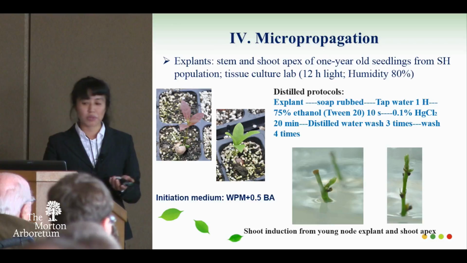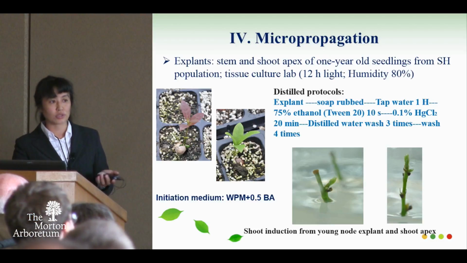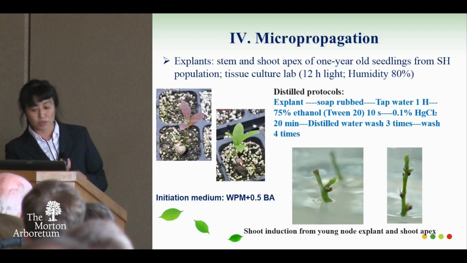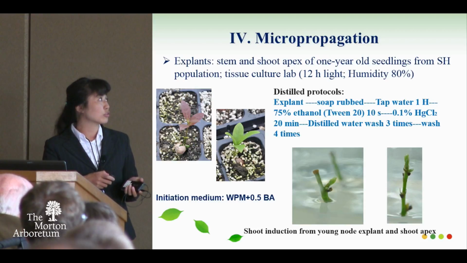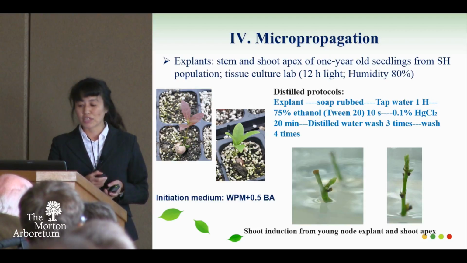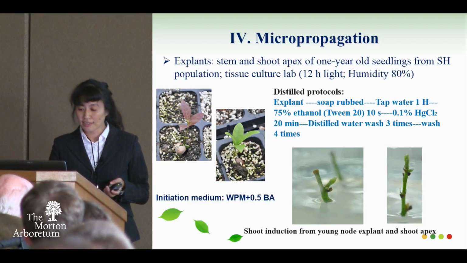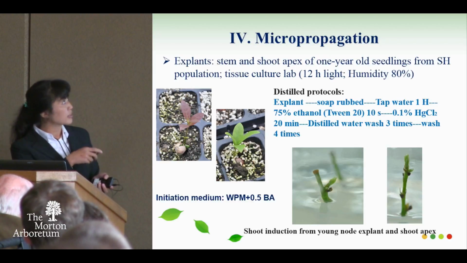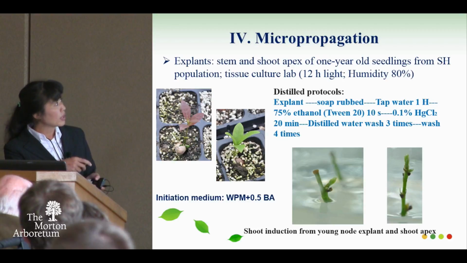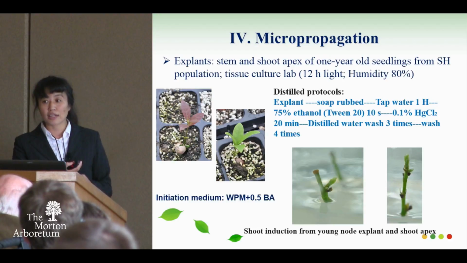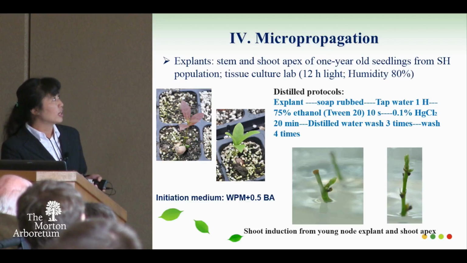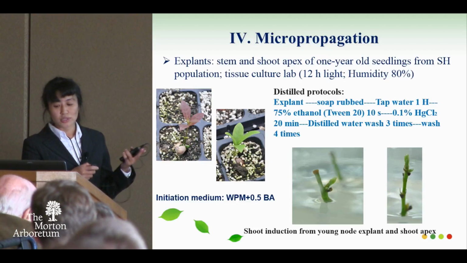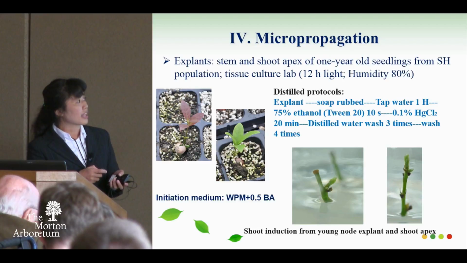So how can we rescue those populations that cannot produce any acorns? We're trying to figure out ways to micropropagate them, and we did a little test on that. That's the one-year seedling. Usually we put them into the growth chamber and keep very high humidity, and when we get the young branch, we use it as the explant.